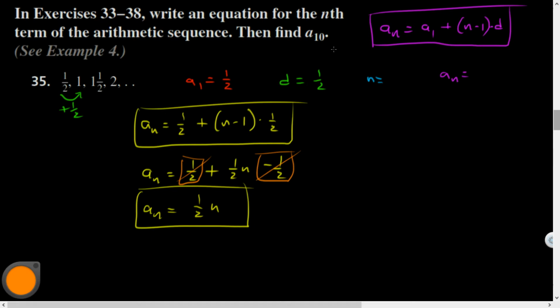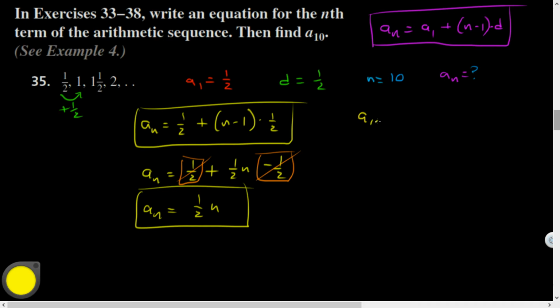If I want to find the 10th term, what is n equal to? If I'm looking for the 10th term, I would plug in 10, and I would be trying to find a sub 10.